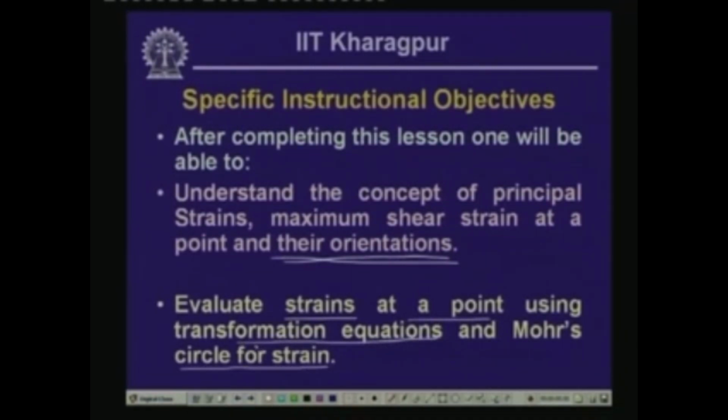We have already discussed certain aspects of transformation equations, which we are going to discuss further today. Also, as we have looked into in case of stresses, that we can evaluate stress at a point using Mohr's circle, we will see that we can evaluate strain as well using Mohr's circle of strain.